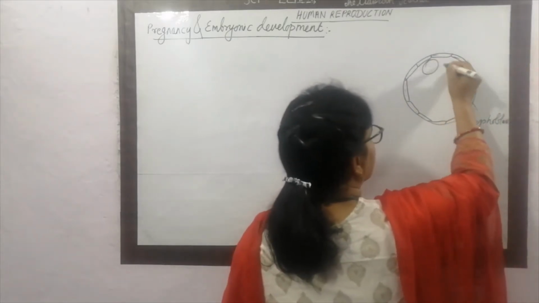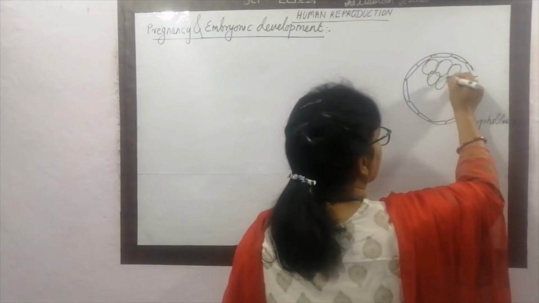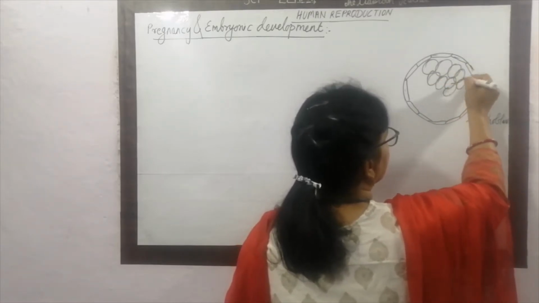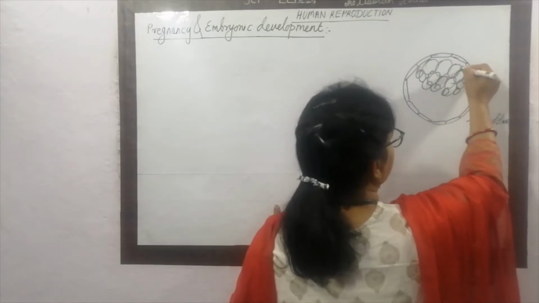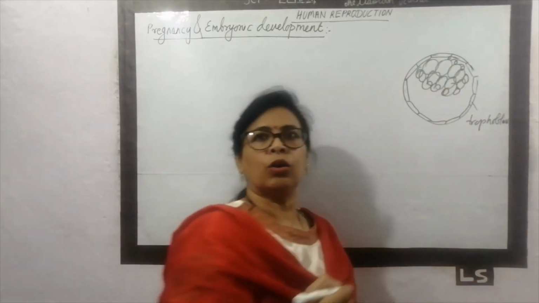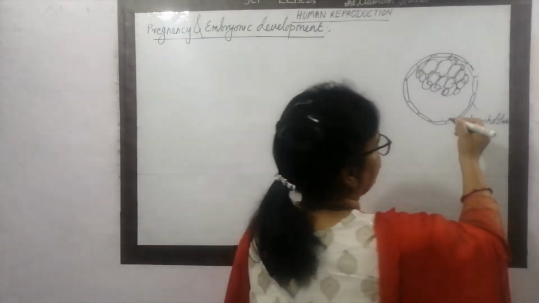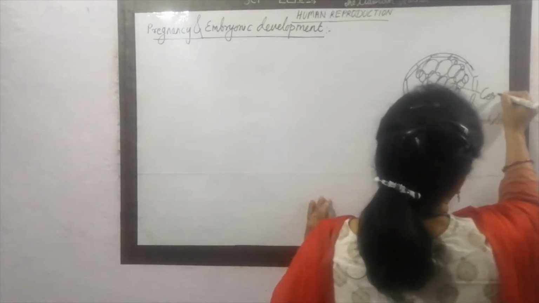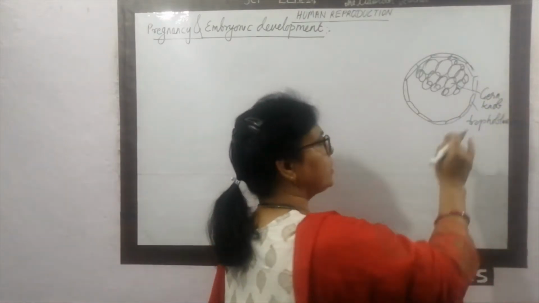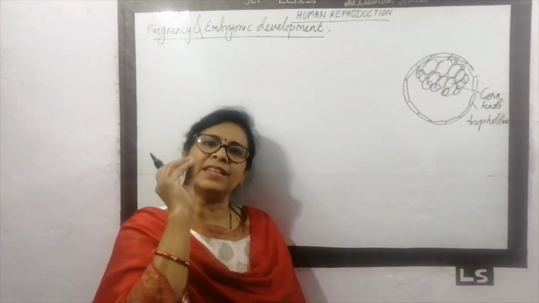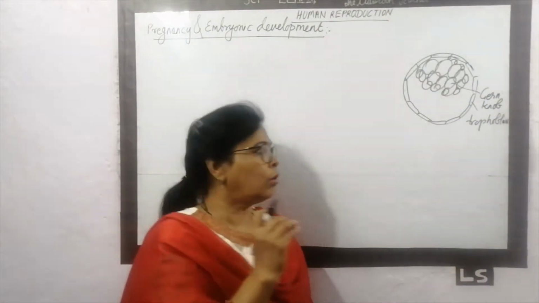Inside the trophoblast, germ cells are present in an irregular manner, a large number of cells. These are called the germ knob. In between the trophoblast and the germ knob, certain cells are present, called the Rauber cells.